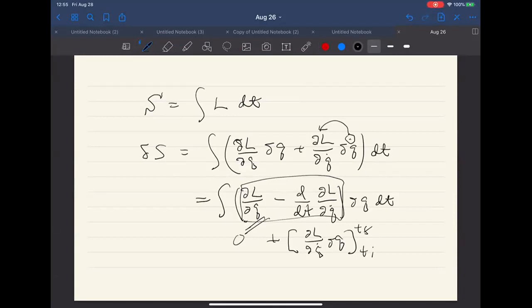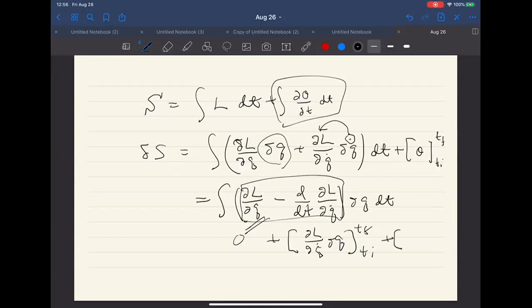But now imagine that you add a total derivative term to the Lagrangian. Then this term can be integrated right away to a surface term. So it doesn't depend on how much variation you do in the intervening time period, because it depends only on the surface, the initial condition and final condition.